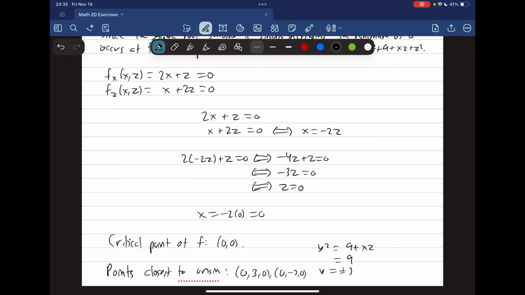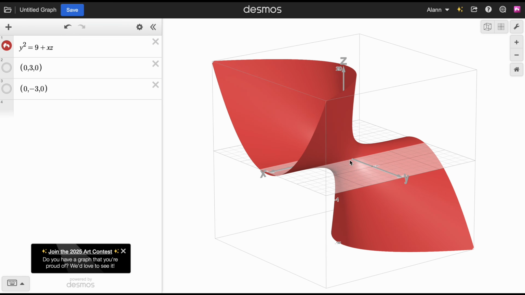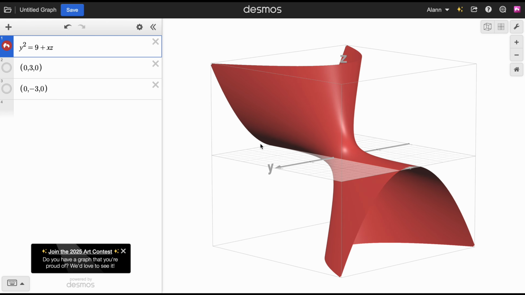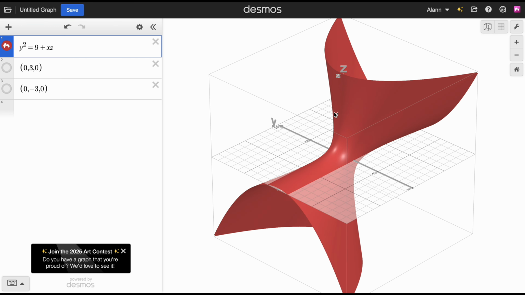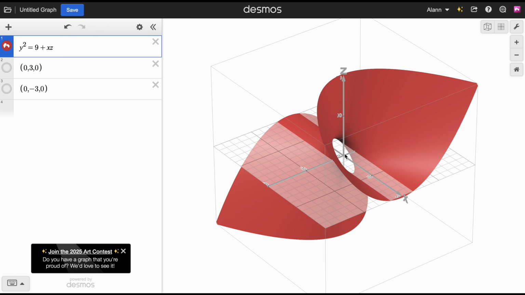And to show that these are indeed the points that minimize the distance, let me pull up a graph from Desmos 3D and show what the points look like relative to the surface. Here I have Desmos 3D out, and I've plotted our surface, and we can see that the origin lies at this point.